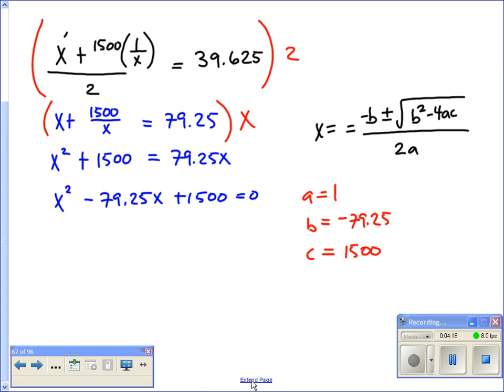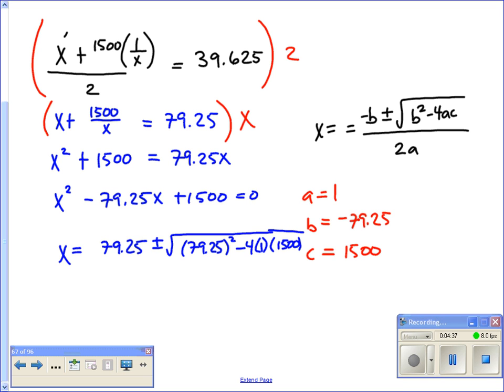So given all of that information, we can say, all right, then x is going to be 79.25 plus or minus the square root of 79.25 squared minus 4 times 1 times 1500, and that is all divided by 2 times 1.